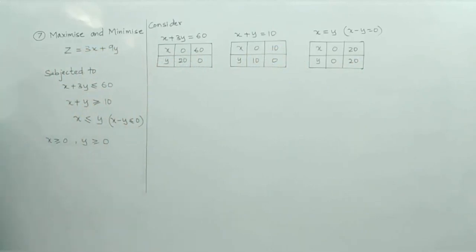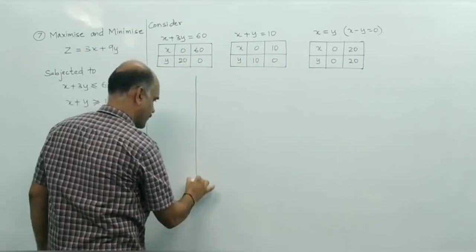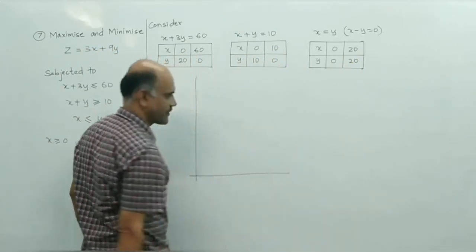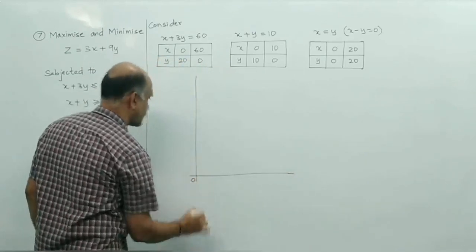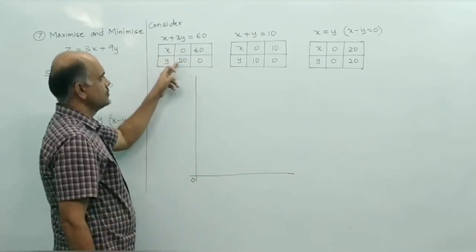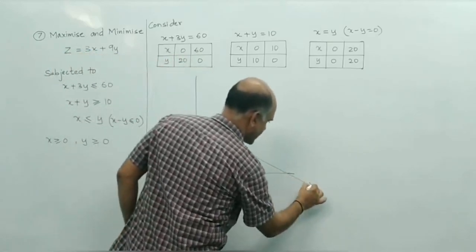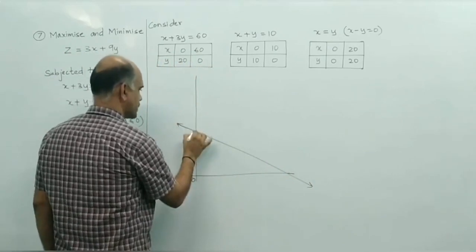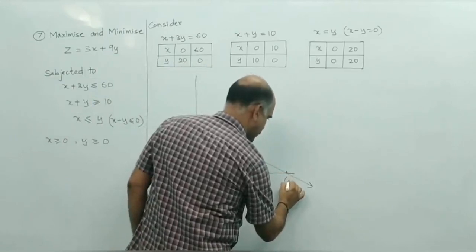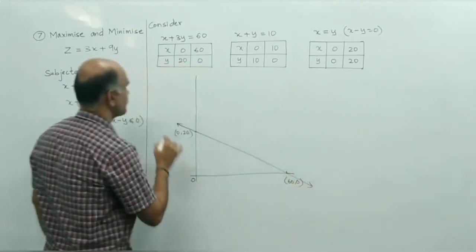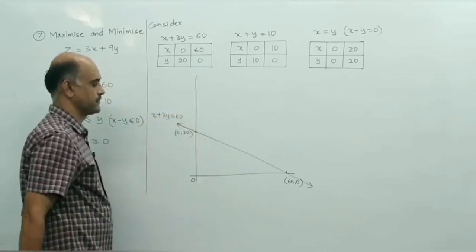Now again draw the graph. Draw it on a new graph paper. I am drawing it rough. If I take the first points 0, 20 and 60, 0, I will get the line in this form. This is 0, 20, this is 60, 0, and this is the first line, x plus 3y is equal to 60.